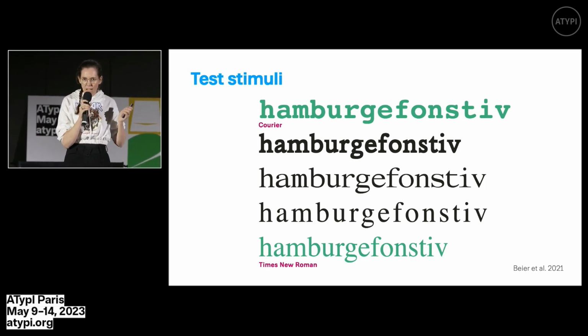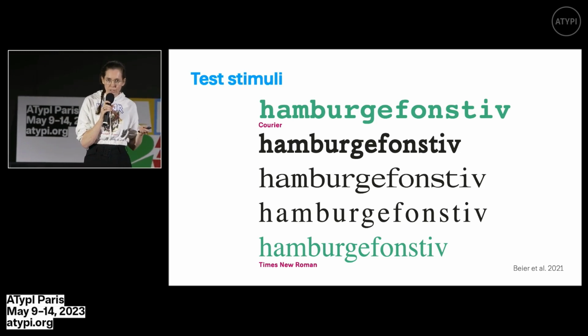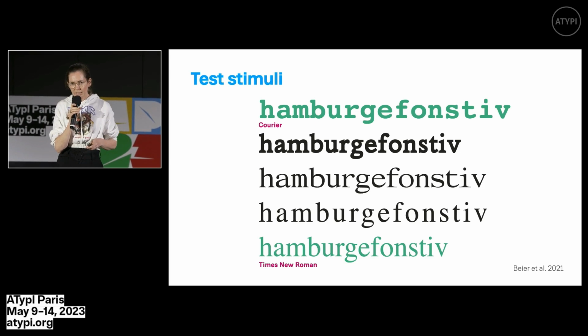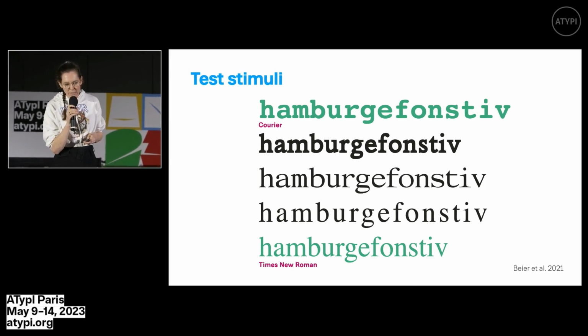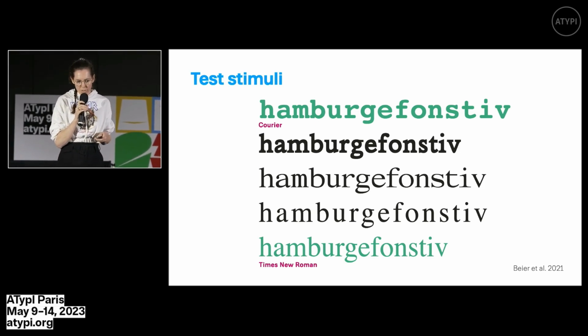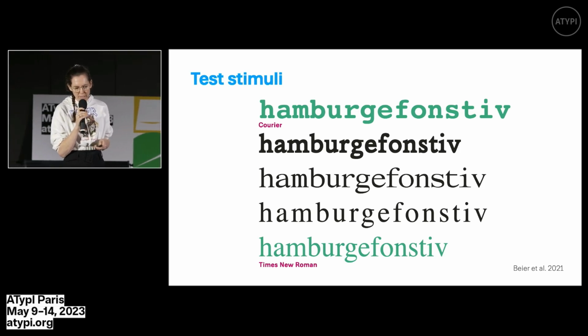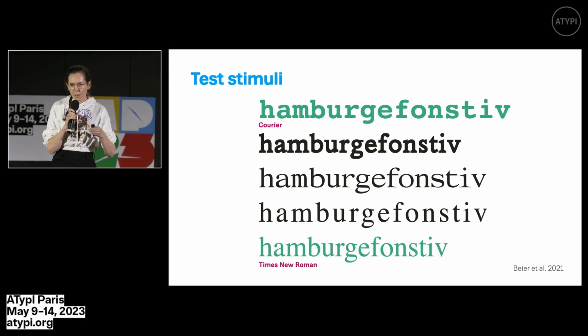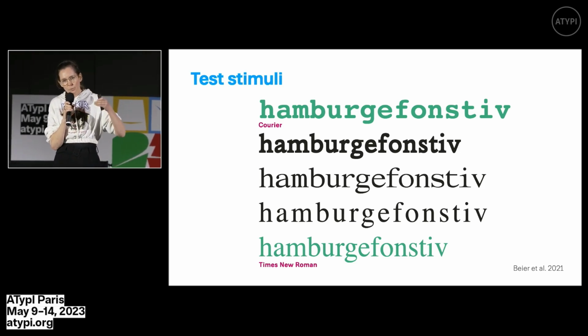So on the top row, we have the modulation of Curia added to Times New Roman. Then we have the width of the letters, the mono width aspect of Curia added to Times New Roman. And then we have Times New Roman with more spacing between the letters. Our aim here was to compare these 3 new versions with Times New Roman and see which one actually performed better.